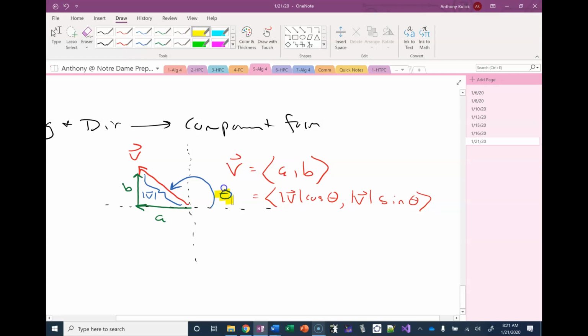Because I'm using this angle as opposed to that angle there. What's that, Lindsay? We'll give you the direction, but why am I using theta instead of that acute angle inside of my right triangle?